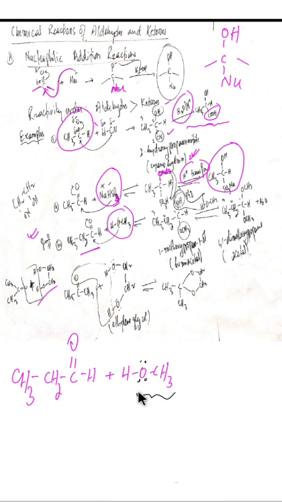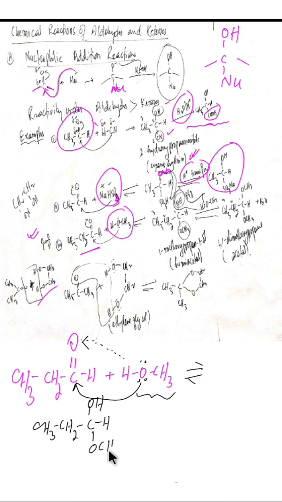This oxygen has a lone pair of electrons. This attacks this carbonyl carbon atom, and hydrogen will be added to this oxygen to form this as the product. CH3CH2O will become OH. This is hydrogen, and here the methoxy group is attached.